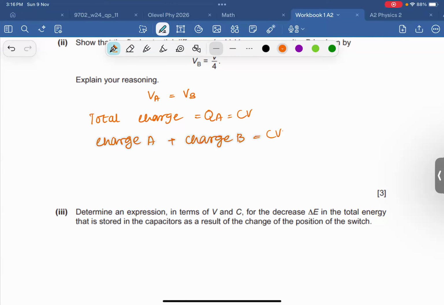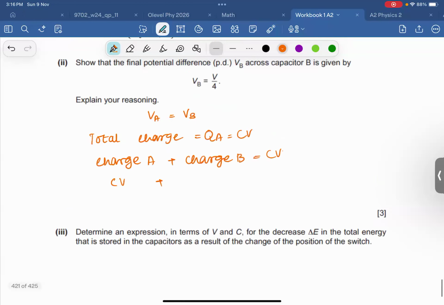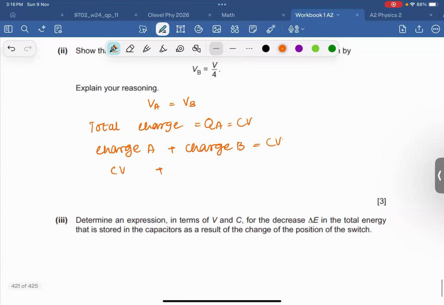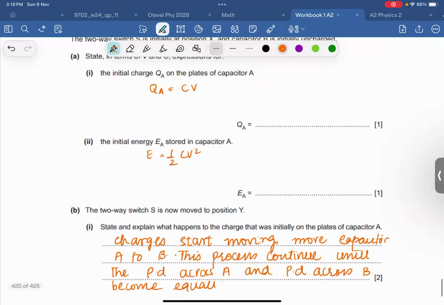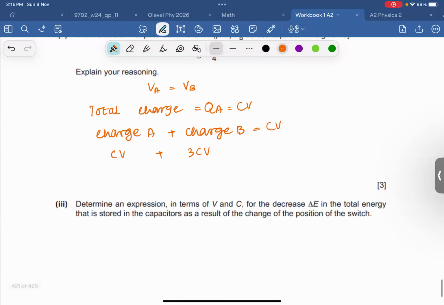Now over here, the charge on A is going to be CV, plus this is going to be 3CV, because they mentioned that the capacitance is 3C. The voltage remains the same, as we are considering both to have the same voltage.